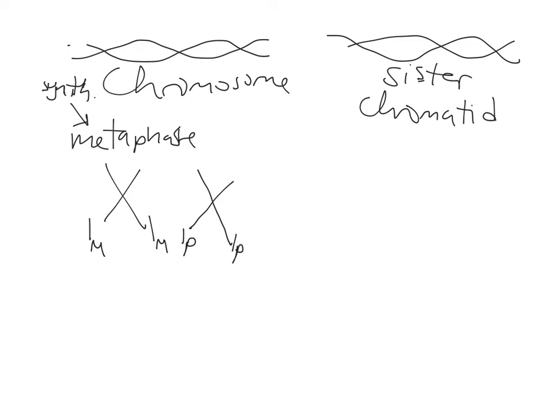And that's 4 double helices. 1, 2, 3, 4 double helices. And these are called sister chromatids. So those are 2, I'm going to abbreviate SC, and there's another 2 sister chromatids.